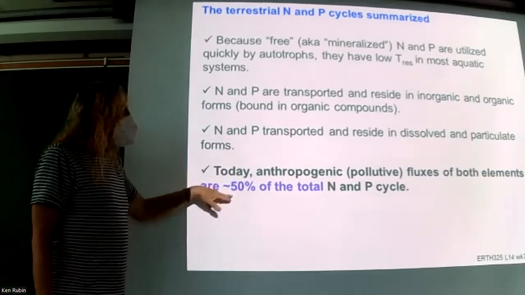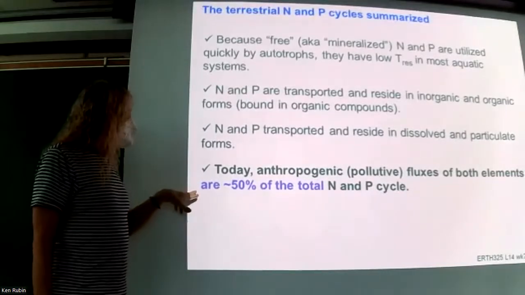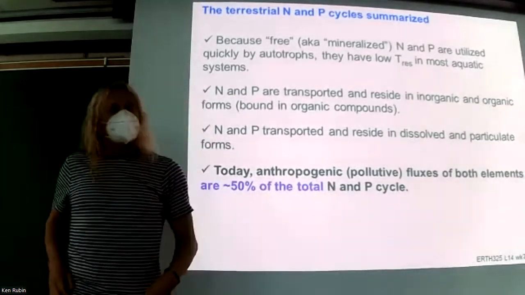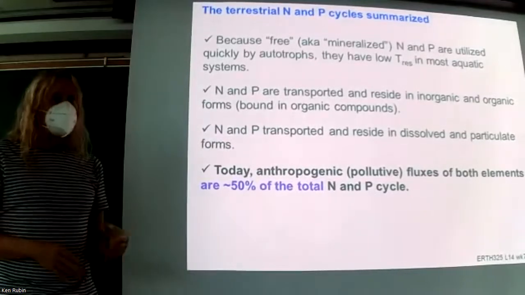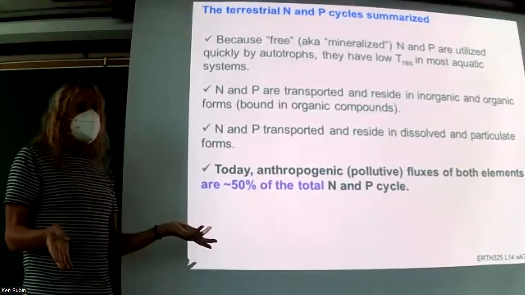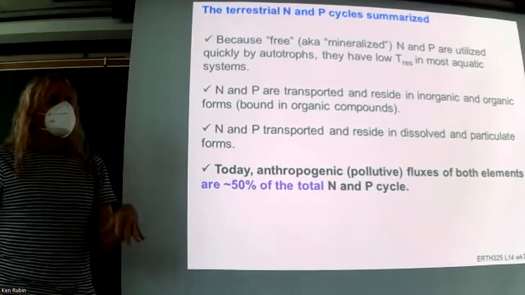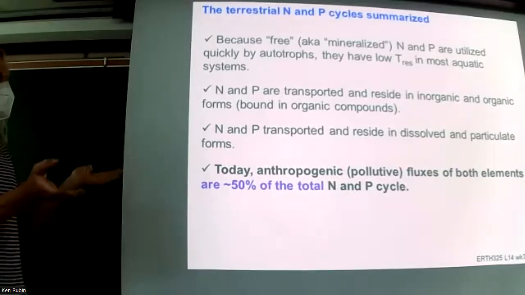Okay, so today in our modern world across the globe, we as humans have changed the nitrogen and phosphorus cycles by roughly a factor of 2. Some people argue more. You can find some places where it's cranked up by a factor of 10. Like a lot of other stuff we've talked about in this class, it's difficult to say, here's a pristine environment that has no impact by humans and here's how it works.